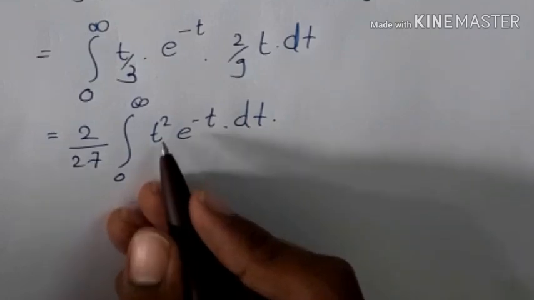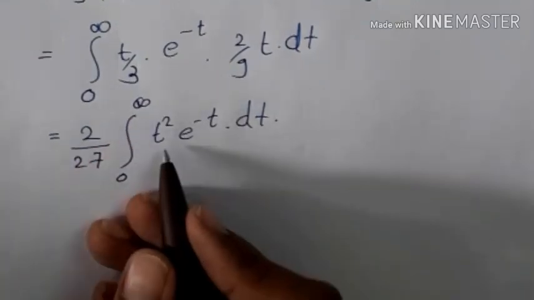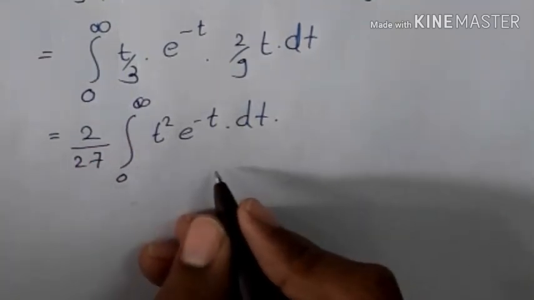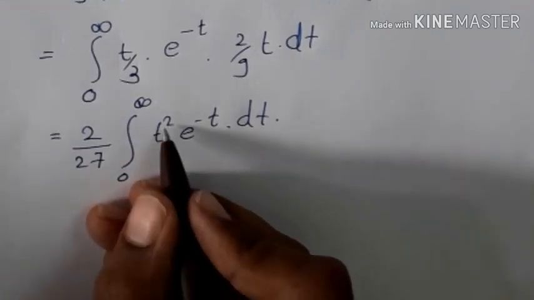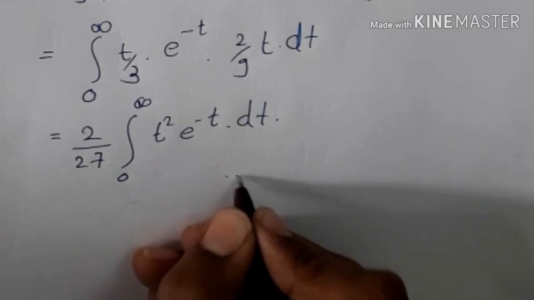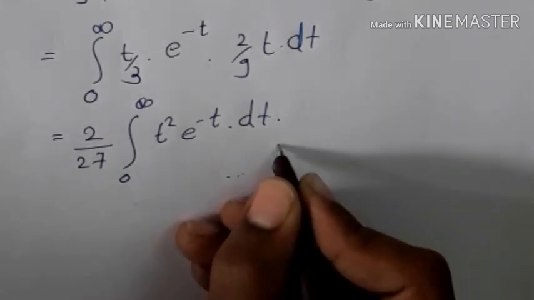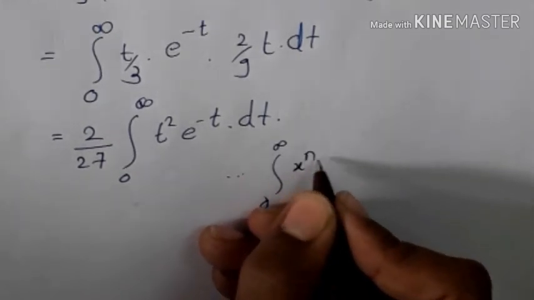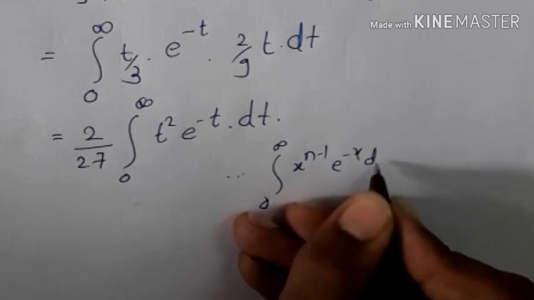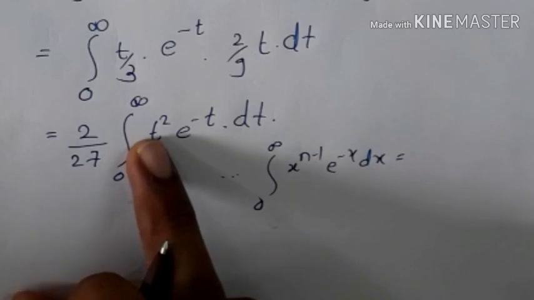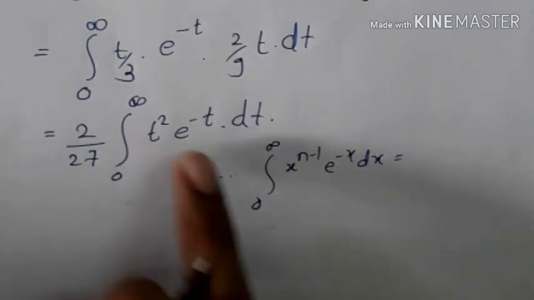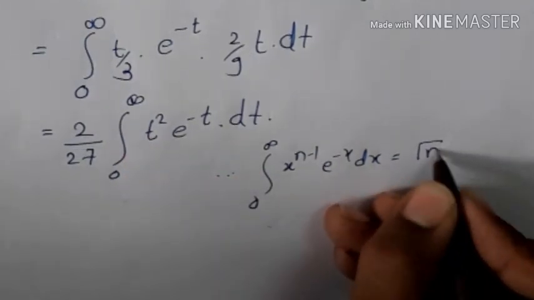So now again this formula has come: t square into e raised to minus t into dt. I had told that this is similar to the integral from 0 to infinity of x to the power n minus 1 into e raised to minus x into dx. Since here it is n minus 1, its answer is gamma n.